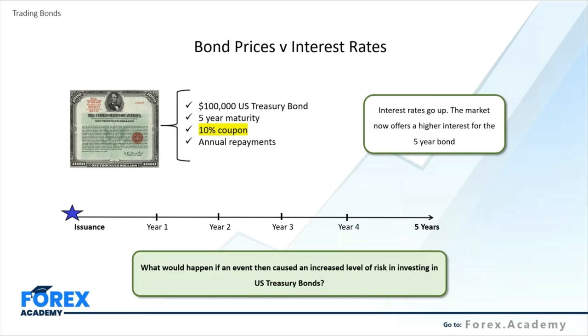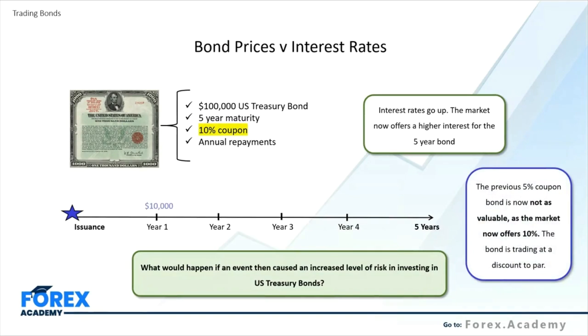So interest rates in this example have gone up. The market has now repriced interest rates with the same 5-year bond. What we can see is the same level of pricing in terms of annual repayments. We see the 10% coupon actually paid out on annual repayments, and that equates to obviously $10,000 on our initial payment of the 5-year bond of $100,000.